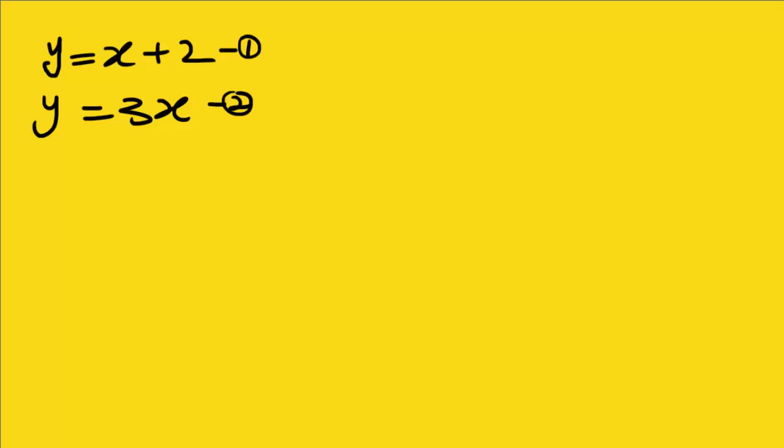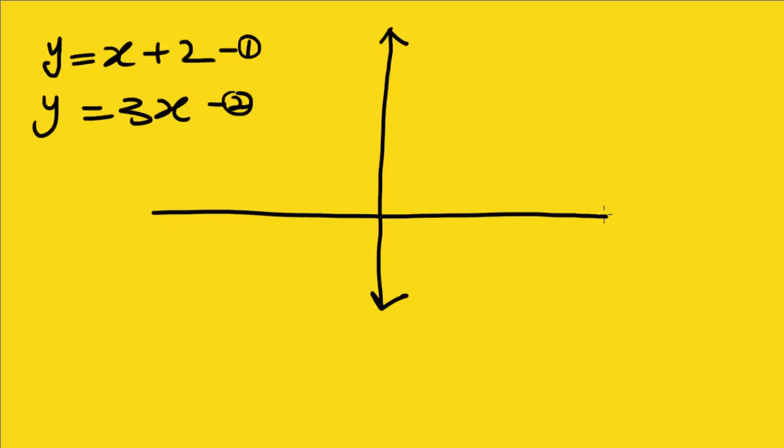Nevertheless, it's important you understand the concept behind this so you can solve the question I showed you in the opening part of the video. The graphical approach simply involves plotting the two graphs and finding their intersection.